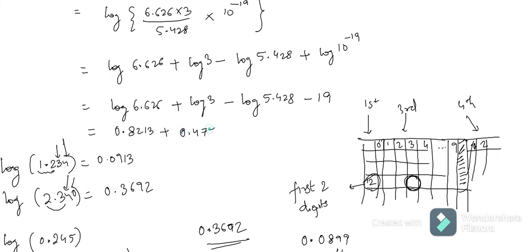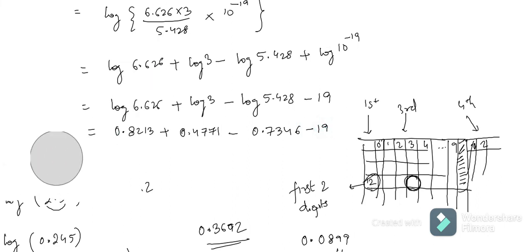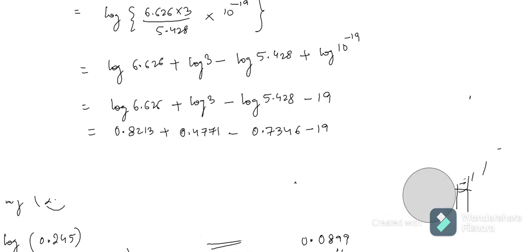So it is 0.4771 minus log 5428. Log 5428 is 54, 2 and 8. 7346. So 0.7346 minus 19. Okay, so write it out, add these two and subtract this one. Okay, so I'm going to write the answer.